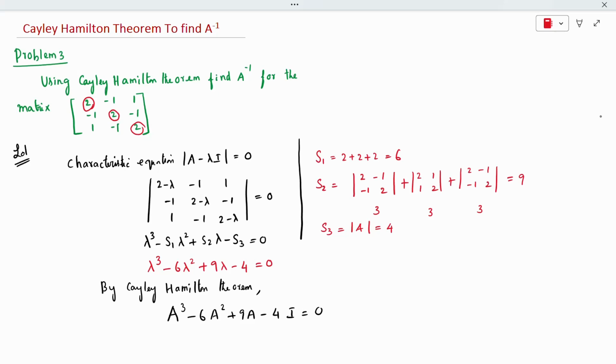Now what is asked to find? It is A inverse we have to find. So in this equation you multiply throughout by A inverse.